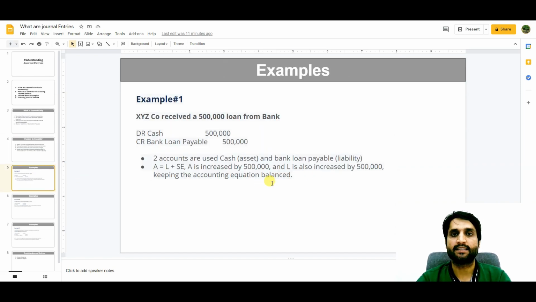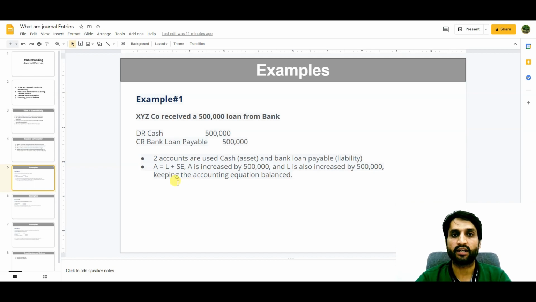Now let's move to the examples so you will understand it well. XYZ company received a 500,000 loan from the bank. This is the event that occurred. We received cash from the bank, which will be debited as an asset, and a liability is increased by credit, bank loan payable 500,000. So 2 accounts are used, cash as an asset and bank loan payable as a liability.